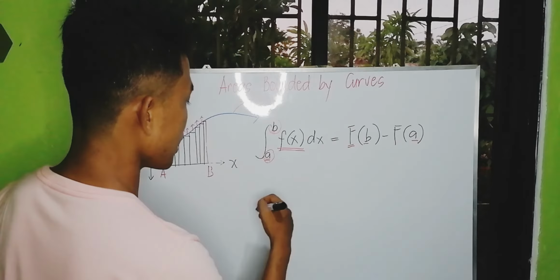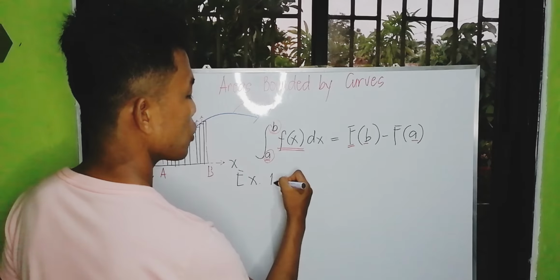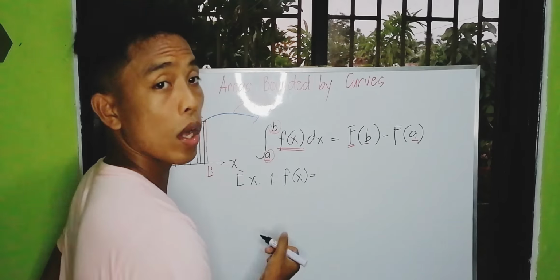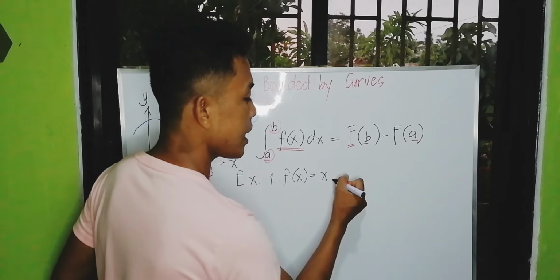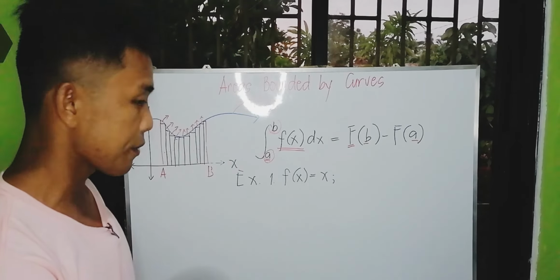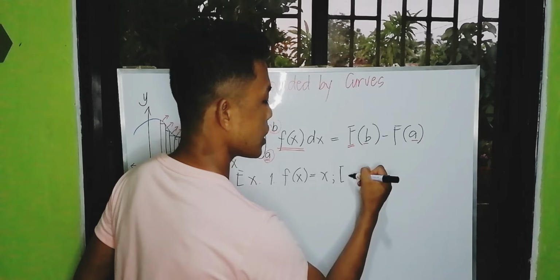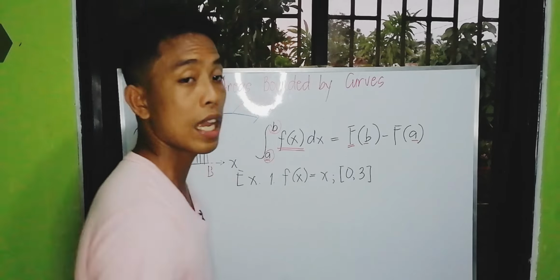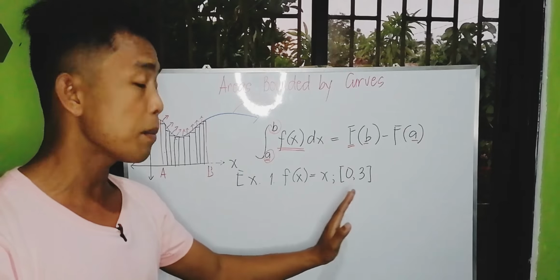Suppose you are given, this is example number 1. Suppose you are given f of x is equal to x, and you are interested in finding the area of that function at a given interval which is from 0 to 3. Suppose 0 to 3 ang gagawin natin. Ito lang yung binigay na information. Hindi ko na sinulat yung ibang words.